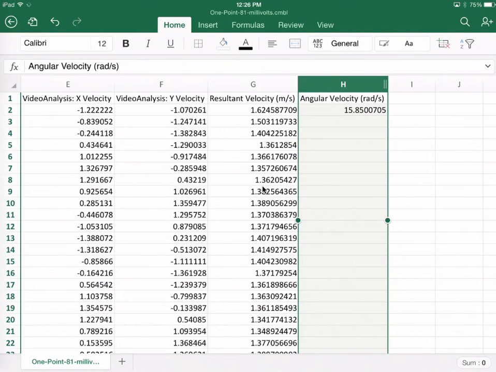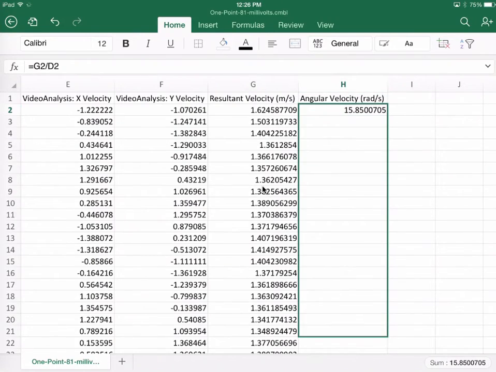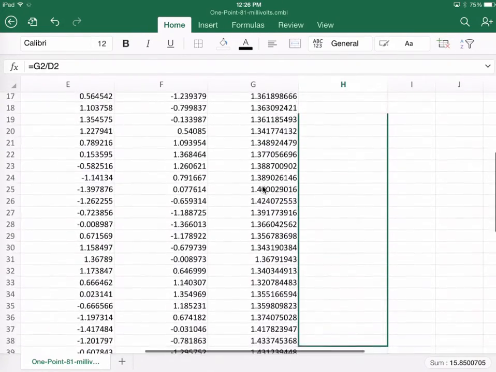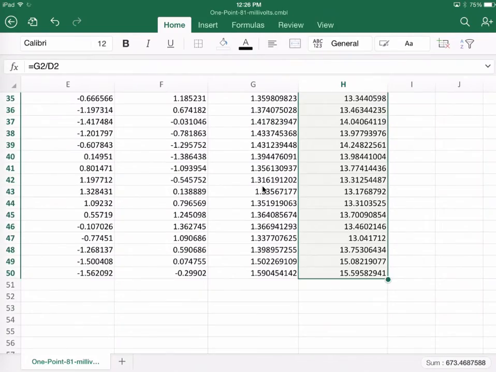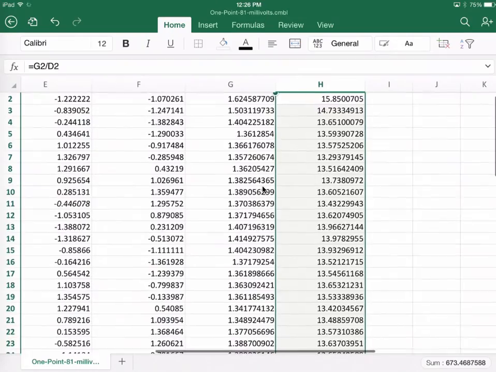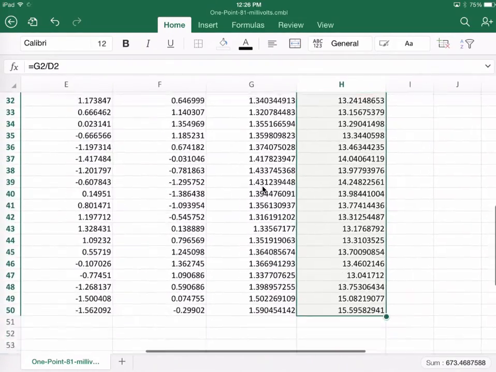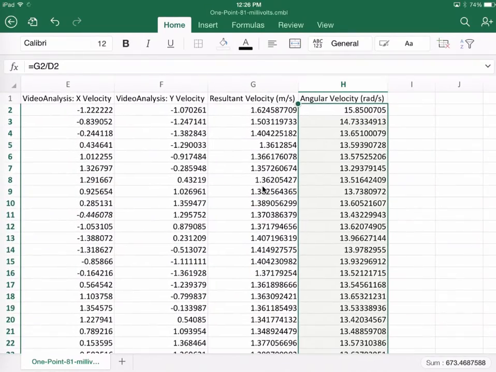So now that we have that, I'm just going to go ahead and copy, and fill and drag down. And all of these numbers should remain the same based on our previous experiments. And it just looks like it's speeding up at the beginning and the end.